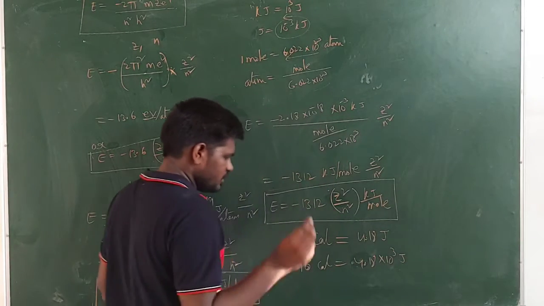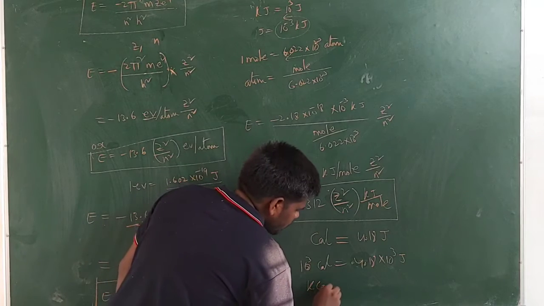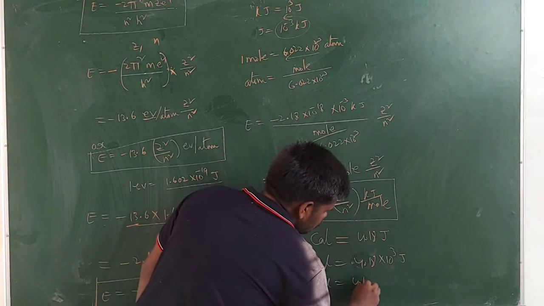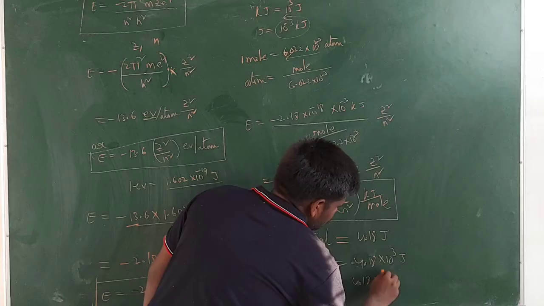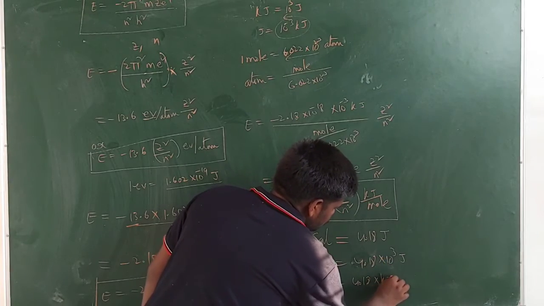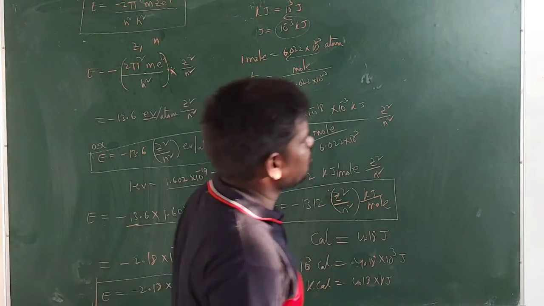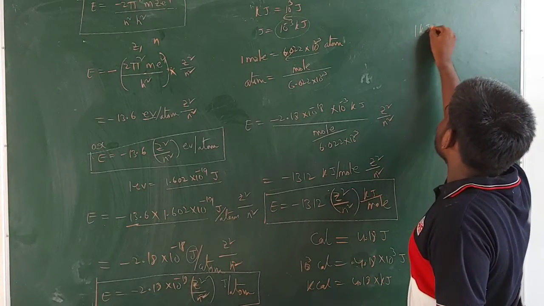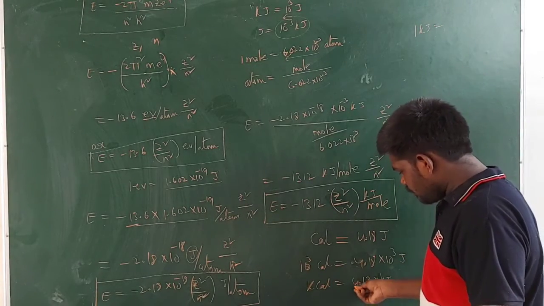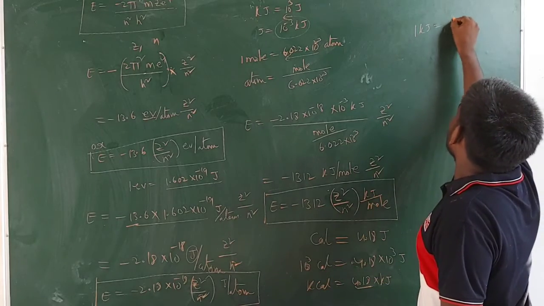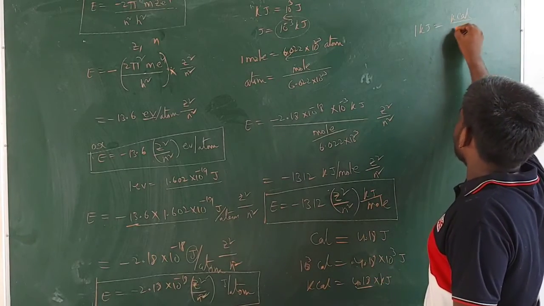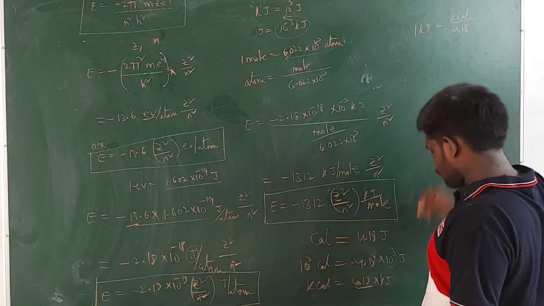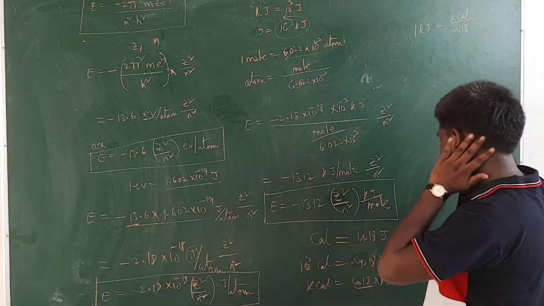You know 10 cube means 1 kilo. So kilocalories is equal to 4.18 into 10 cube means kilojoule. Now I want 1 kilojoule means how many kilocalories? So 1 kilojoule is equal to, you send this value to this side, kilocalorie by 4.18.